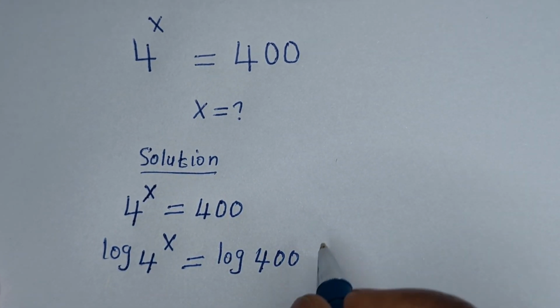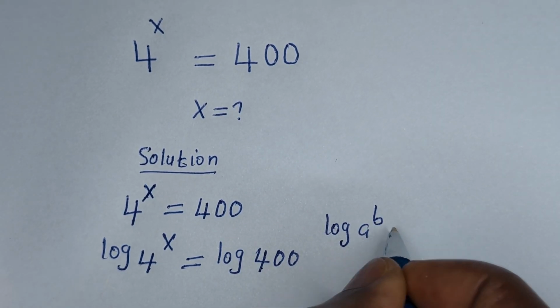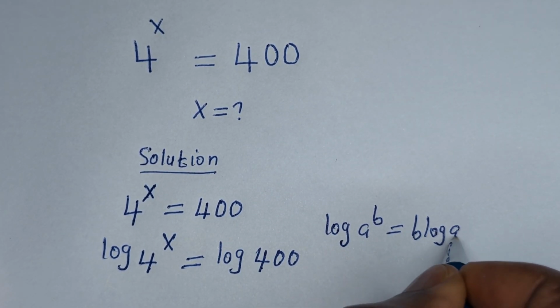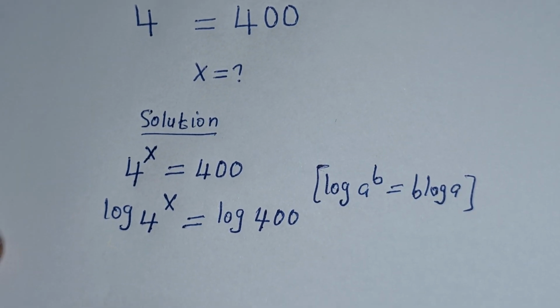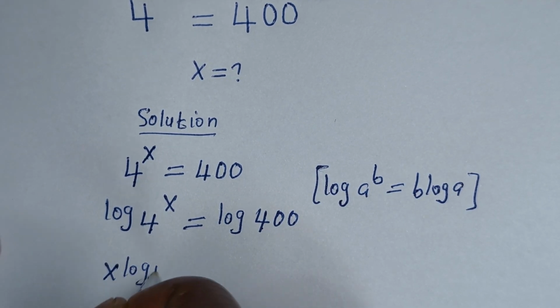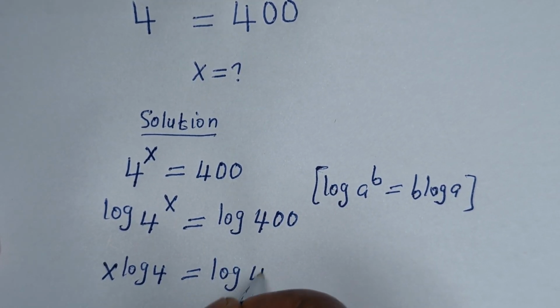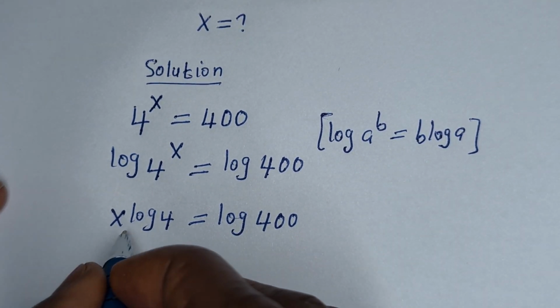Take note of this, that if you have log a raised to power b, this is equal to b log a. Then here we have x log 4 is equal to log 400. Let us divide both sides of this equation by log 4.